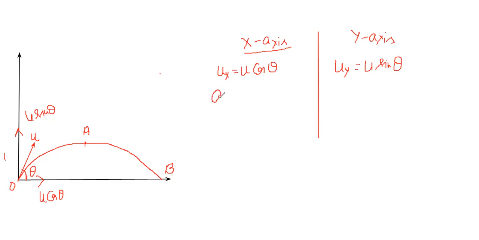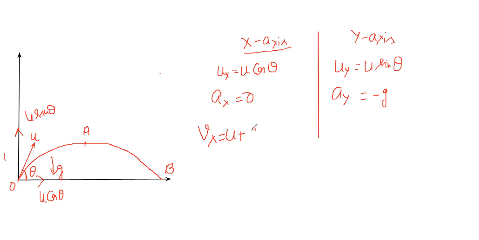Now, what is the acceleration in the x-axis? There is no acceleration, so ax equals 0 and ay equals minus g, because gravity is always acting downward, so it acts as a retardation for an upward going body. What is the value of Vx?